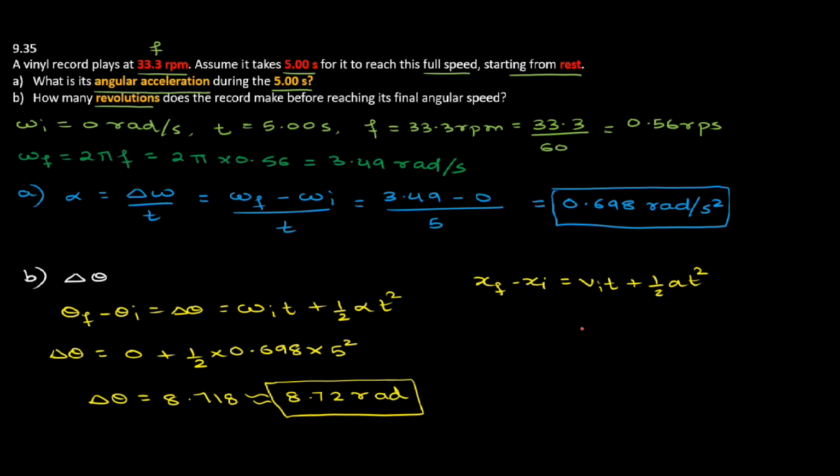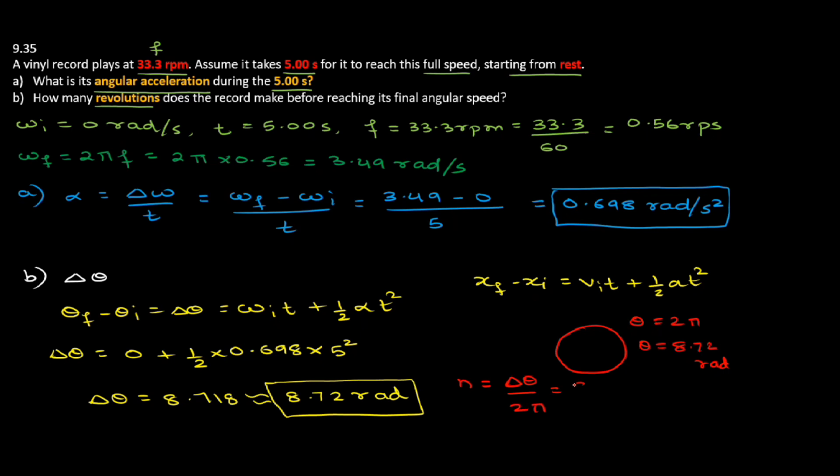Now, in circular motion, when we make one complete revolution, the angle theta that we cover is equal to 2 pi. So we cover an angular distance of 2 pi when we make one complete revolution. So how many revolutions do we make if we covered a distance of 8.72 radians? I can find the number of revolutions by dividing delta theta by 2 pi, because one revolution gives you an angular displacement of 2 pi radians.